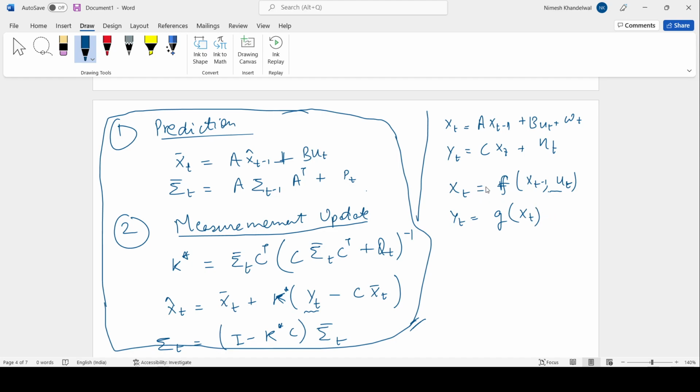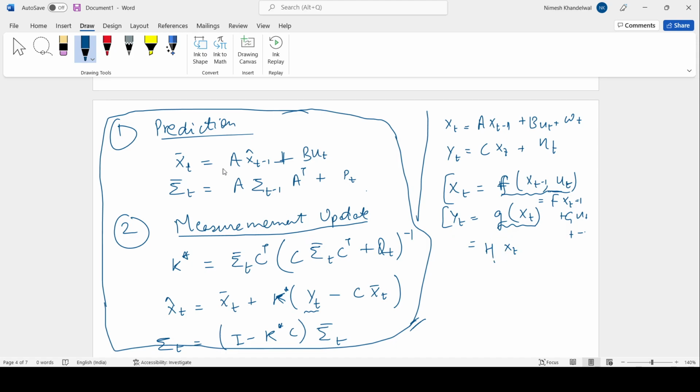What you do essentially is linearize these equations about your previous mean x hat at t minus 1 and sigma at t minus 1. Let us say that this gives you something called capital F, an equation like this, plus G u t plus some noise, and y t, when you linearize, will just give you some H of x t.